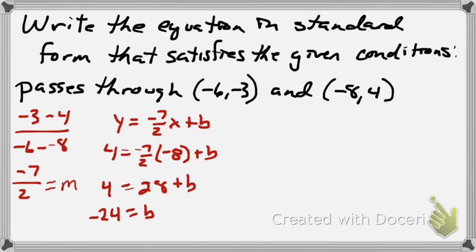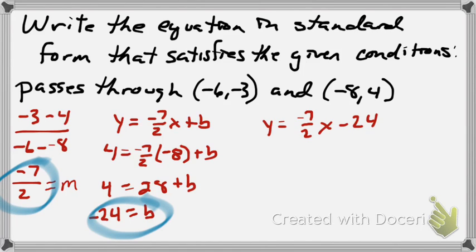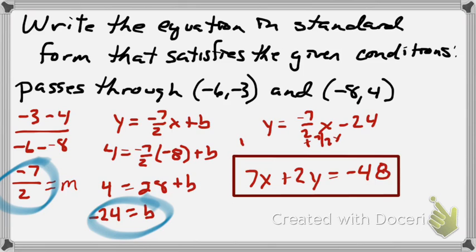Subtract the 28, I get that b is negative 24. So now I have a slope and a b to work with, which is all I need to write a slope-intercept equation. Move the x to the other side and multiply by 2. 7x plus 2y is negative 48.